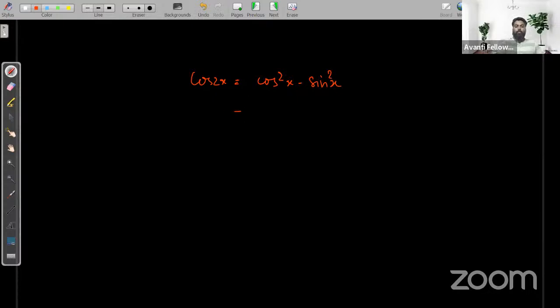Okay. If we change it in terms of sine, this will be 1 minus 2 sin square x.